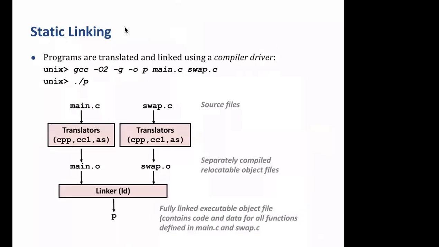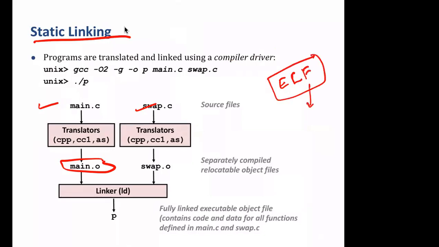When we do static linking, both of these functions are in object form. Remember, in the last course I asked you to read the ELF format. ELF is a common format for object code, and for executables also.